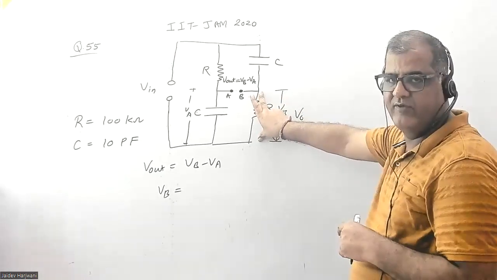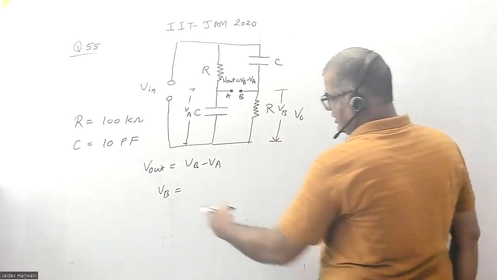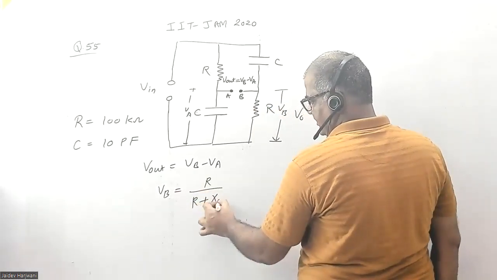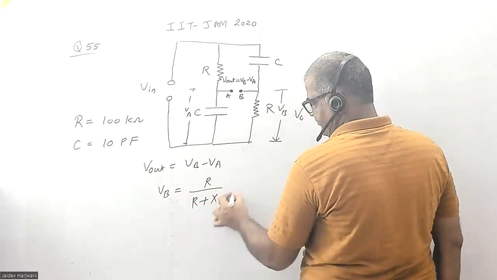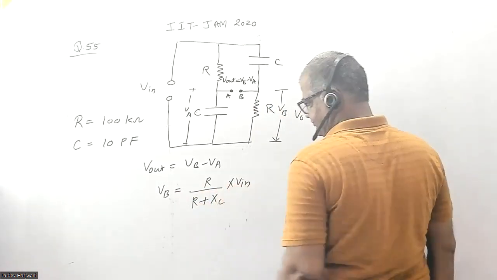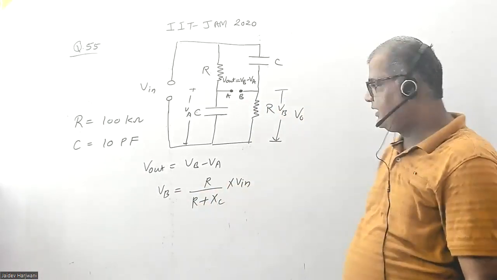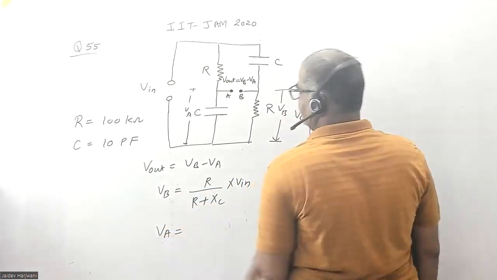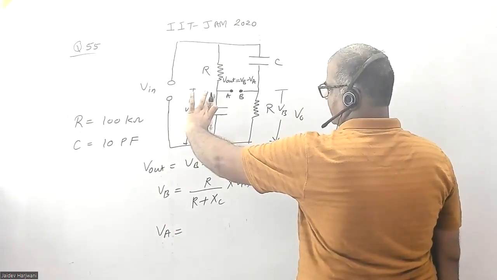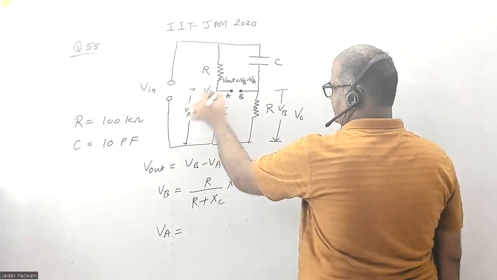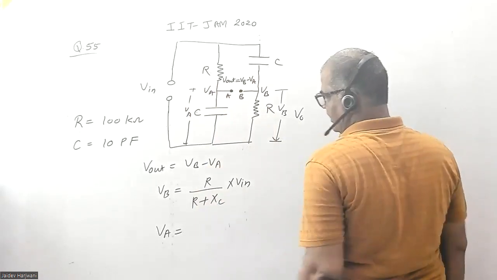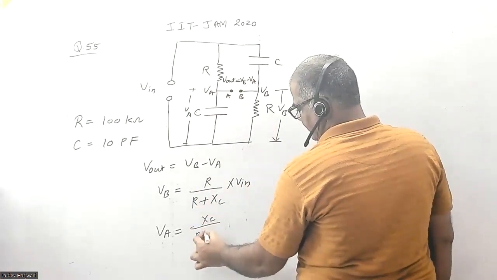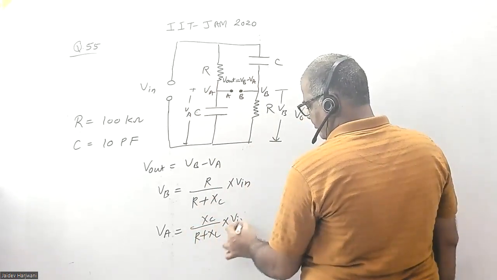So I can apply the voltage divider rule and write VB is R upon R plus XC, where XC is the reactance of the capacitor, into V input. Similarly, VA is the voltage across this capacitor, so VA is XC upon R plus XC into V input.